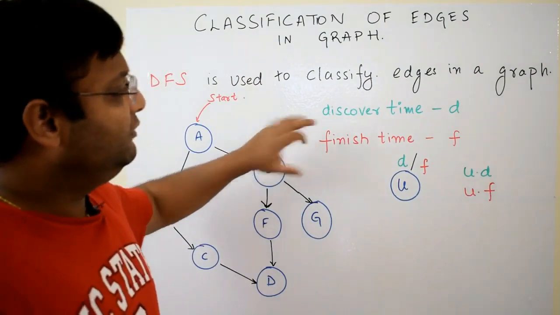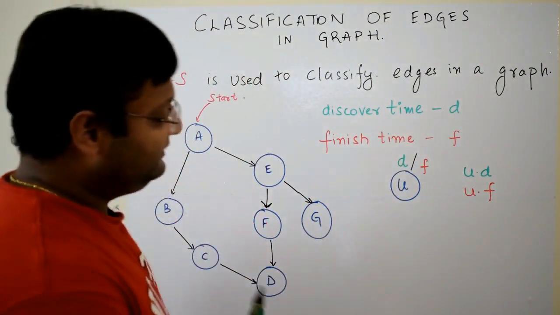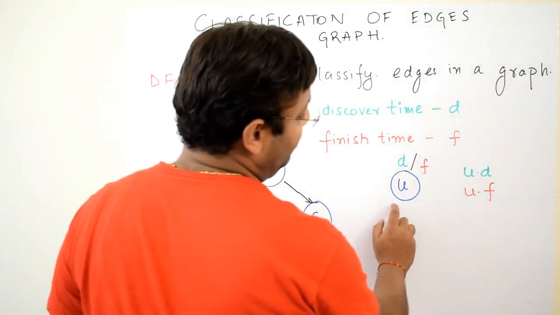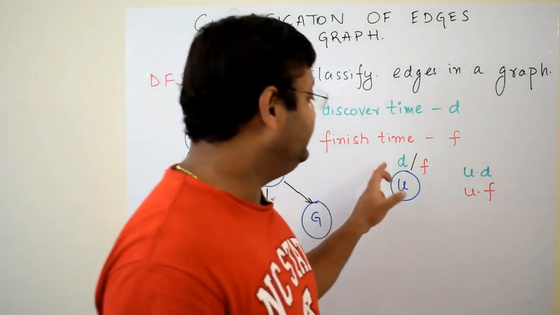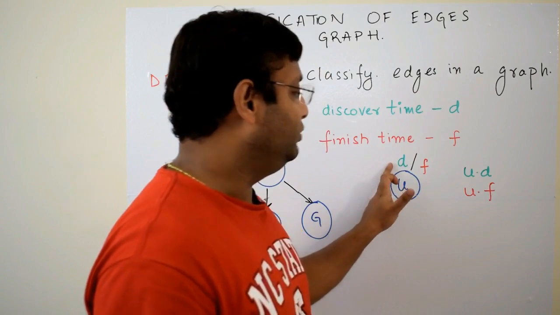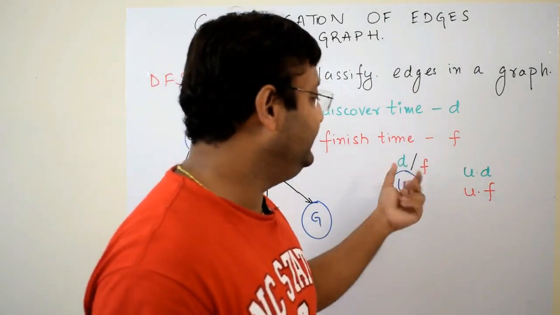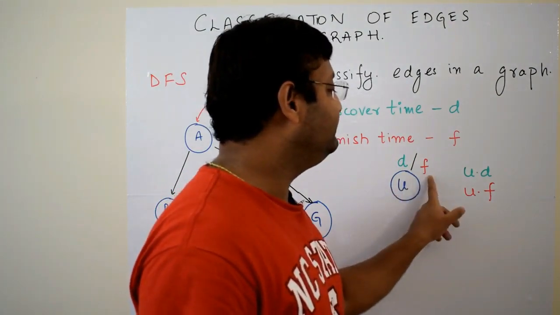Now what do the discover time and the finish time mean? For example, if we have a vertex or a node U, how do we mention the discover and finish time? On the graph we use the notation D/F. D means the discover time of this vertex or node and F is the finish time.